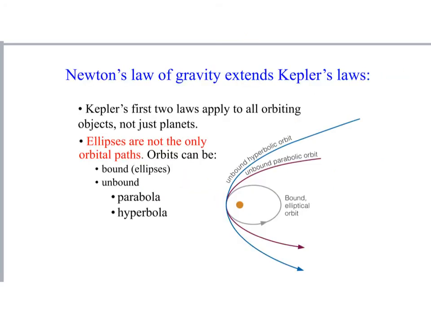So, there is more to say about Newton's law of gravity that actually extends beautifully Kepler's laws. So remember Kepler's first law says all the orbits are actually not circles, they are ellipses. Well, it turns out ellipses are not the only orbital paths that can exist out there. They can also be unbound, and there are parabolas and hyperbolas, and guess what?